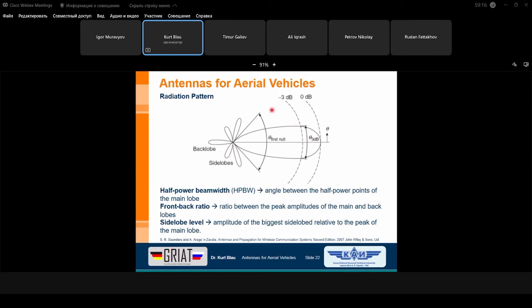And you can see here one of the main parameters that we can find out from the radiation pattern, measured or determined by simulation or by mathematical formulation and calculation by hand or with a PC. It's the half power beamwidth. This is this angle. 3 dB means, in logarithmic scale, the half power.